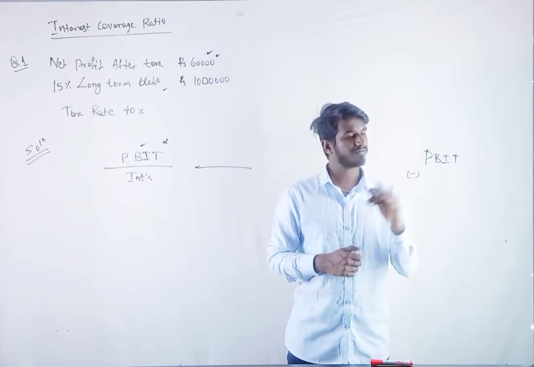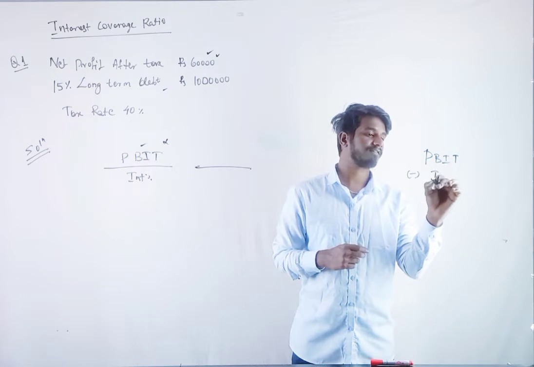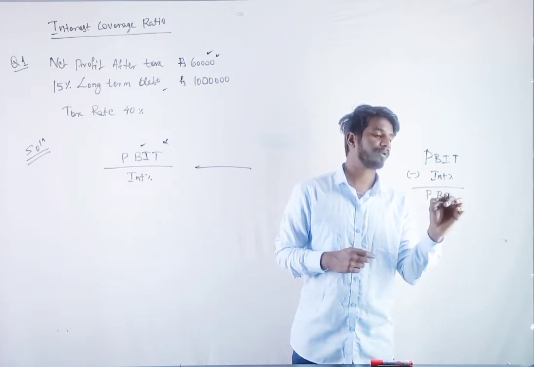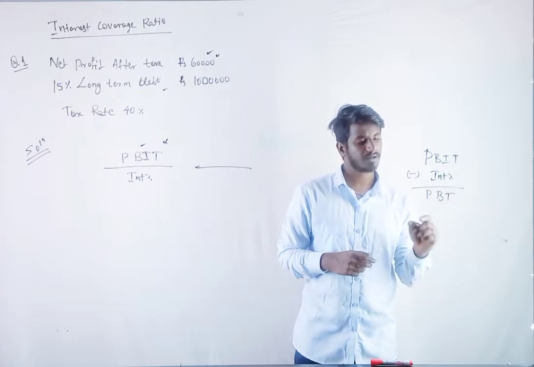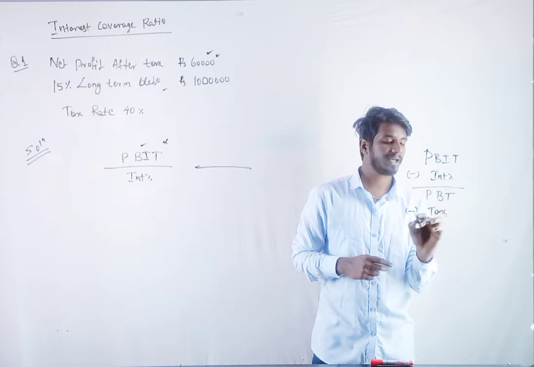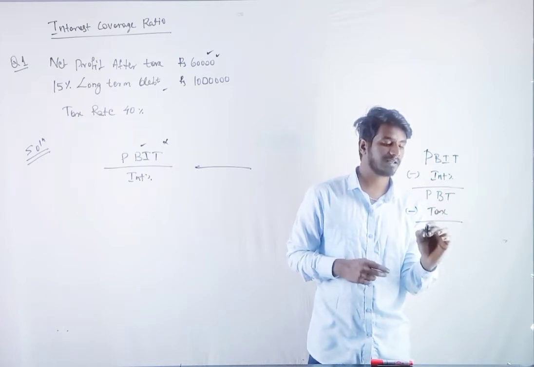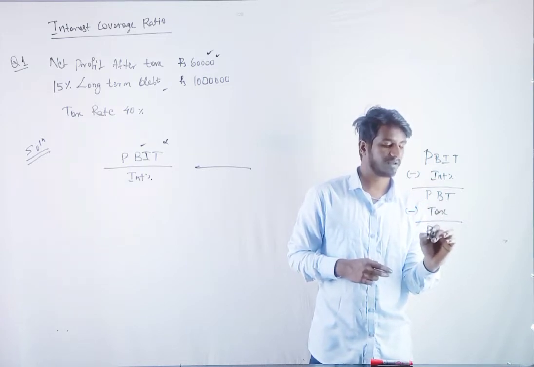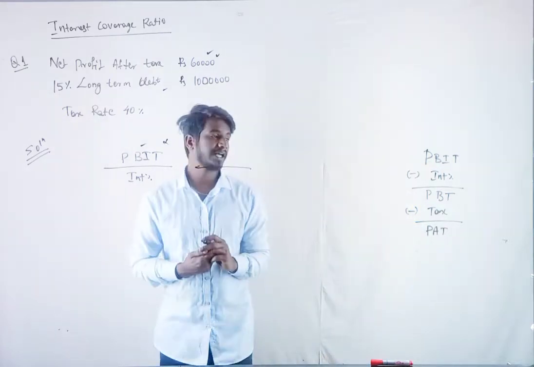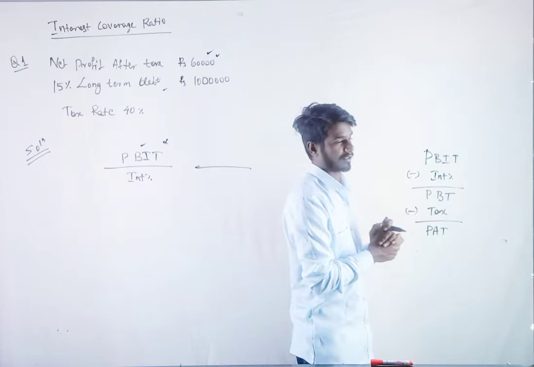From this, if we minus interest, we will get profit before tax. Then if we minus tax amount, we will get profit after tax. Profit after tax we will get after tax deduction, right?